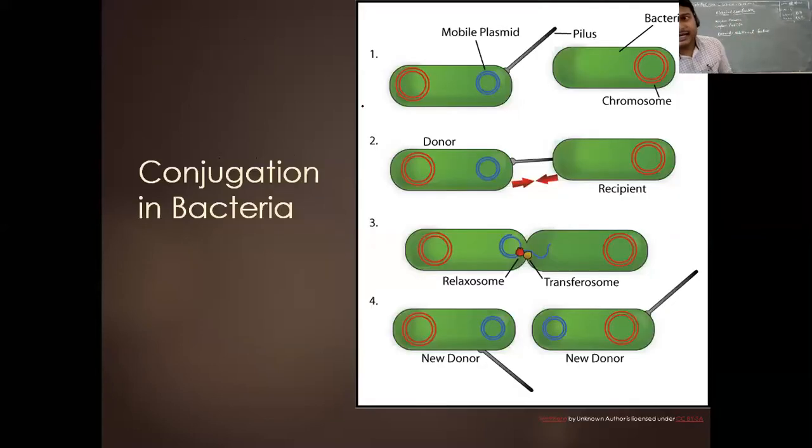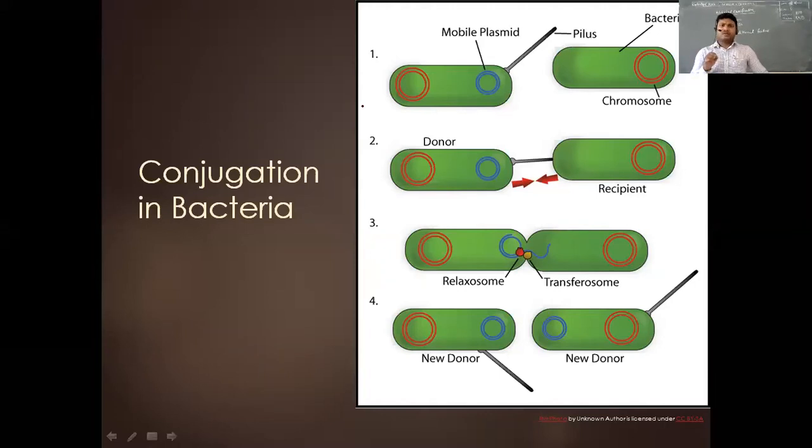Now, this is regarding something unique, that is, we do not find it in other groups. That is the conjugation in bacteria. So we know that bacteria reproduce by asexual mode. What is the mechanism called? Binary fission, right? Do you know about that or not? Yes, sir. Right.